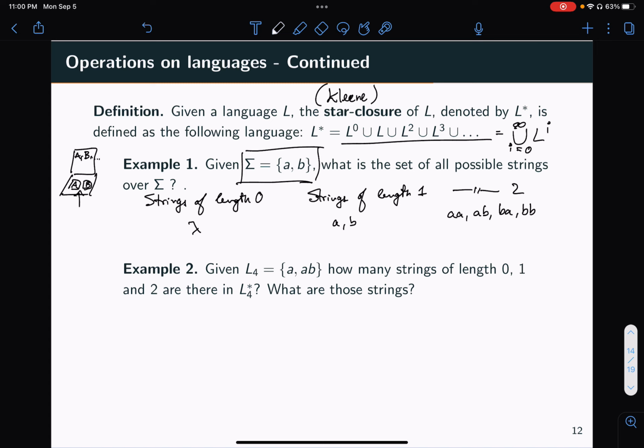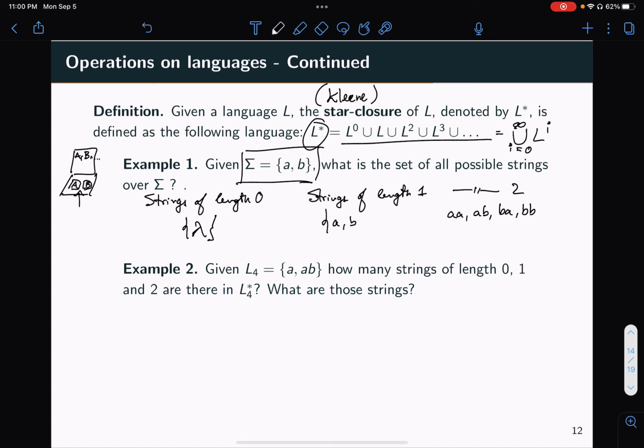And so strings of length 3, you know what, I won't write those. But what you should notice immediately is there seems to be a pattern or a mapping between this operation and what I'm writing down here, right? So if I augment this string with a set construction, then I have the set containing lambda.